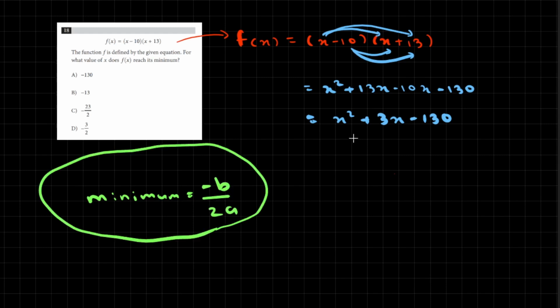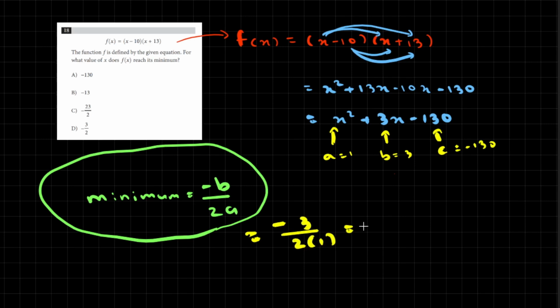Our a value is 1, our b value is 3, and our c value is negative 130. Let's substitute those numbers into our formula. This gives us negative 3 over 2 times 1, which simply becomes negative 3 over 2. And if we look at our choices, that matches perfectly with option D. We just solved it in seconds.